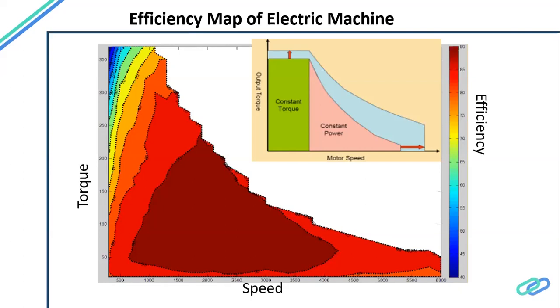And the challenge is where to optimize this machine in this area. As I mentioned, whatever the driving cycle and whatever the requirements are, those are the elements that we have to consider. This is the ideal that I have shown, and this is something that you may get when you test or simulate the machine.